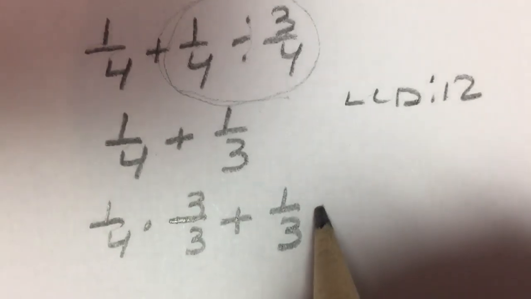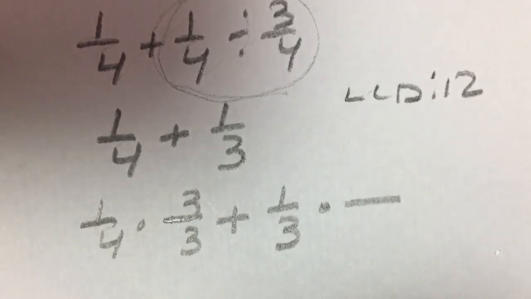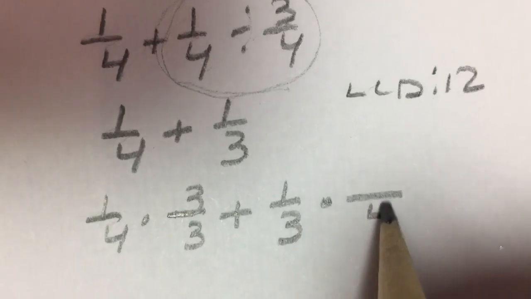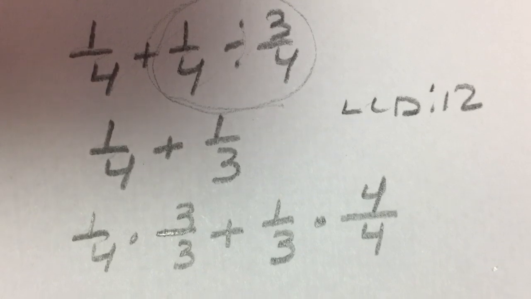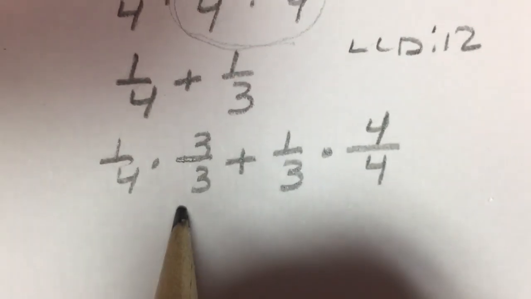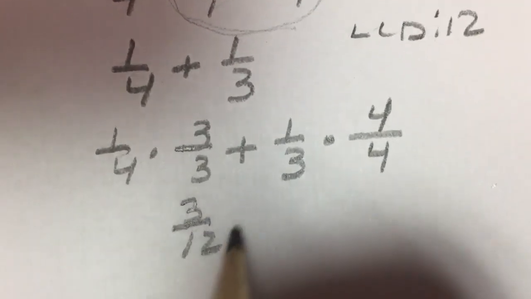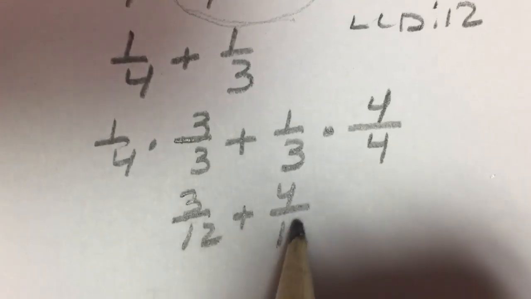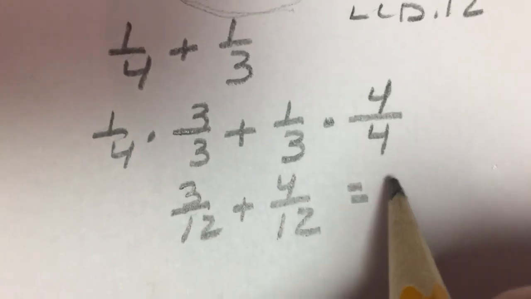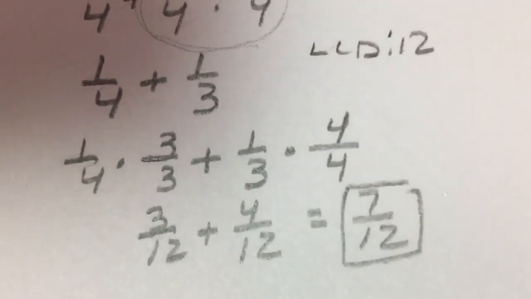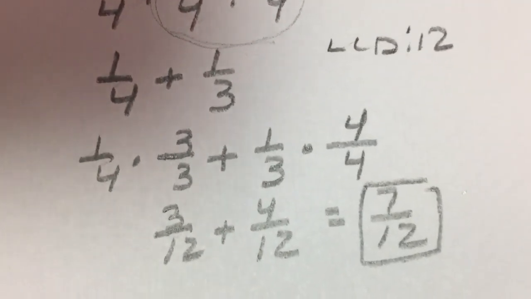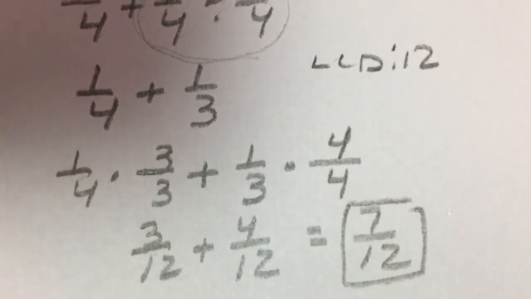Let's take the second fraction, and again, what do I have to multiply top and bottom by? Well, 3 times 4 is going to make the lowest common denominator of 12. So if I multiply now, that's 3 over 12 plus 4 over 12, which gives me a grand total of 7 over 12. And you are done with that problem, but you had to finish your order, use your order of operations.